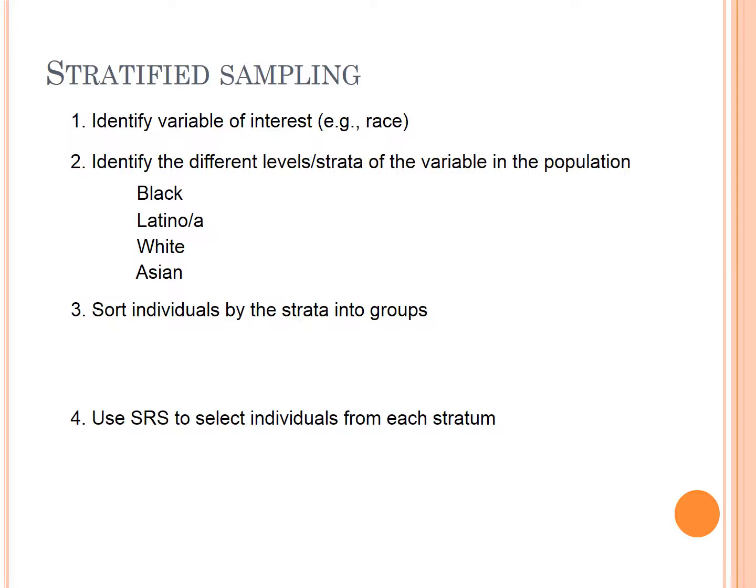So the idea then would be that from the subgroup of individuals who identify their race as Black, we would want to use simple random sampling from that subgroup to determine which individuals would be in our sample. We would then do the same thing for Latino, Latina, for white, and for Asian. And in the end, we would hopefully have a sample that reflects the characteristics of the population in some sort of even capacity.